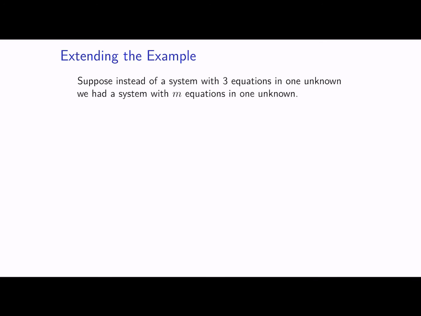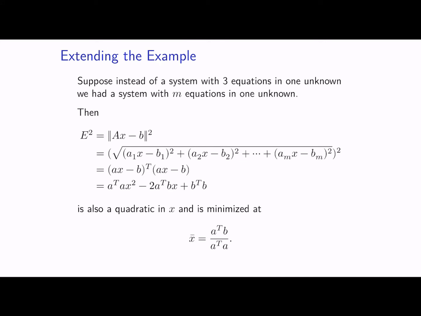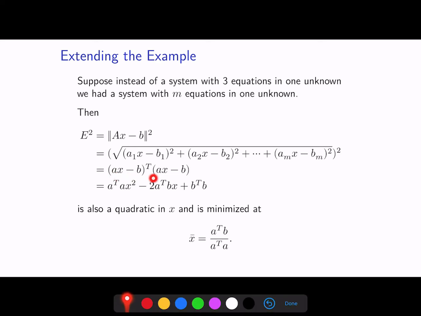Suppose instead of a system with three equations in one unknown, we had a system with m equations in one unknown. This would change our error function slightly. The pattern is the same. The number of terms is different. If we rewrite the square of the distance function slightly differently and use the dot product of vectors, we get this expression, which again you see is a quadratic in X. And A transpose A is a positive number, so the graph of this would be a parabola opening upward, so it has a minimum.